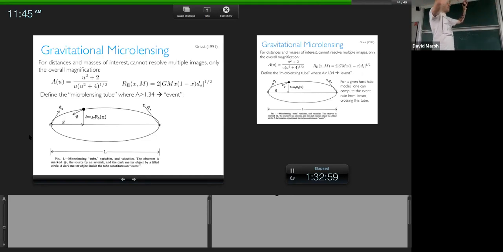If the object comes within a certain tube along your line of sight, it will create a large magnification. So you can define a geometric tube between you and the source through which the lens has to pass to create a lensing event. This is called the microlensing tube, and it has the shape corresponding to the Einstein radius.